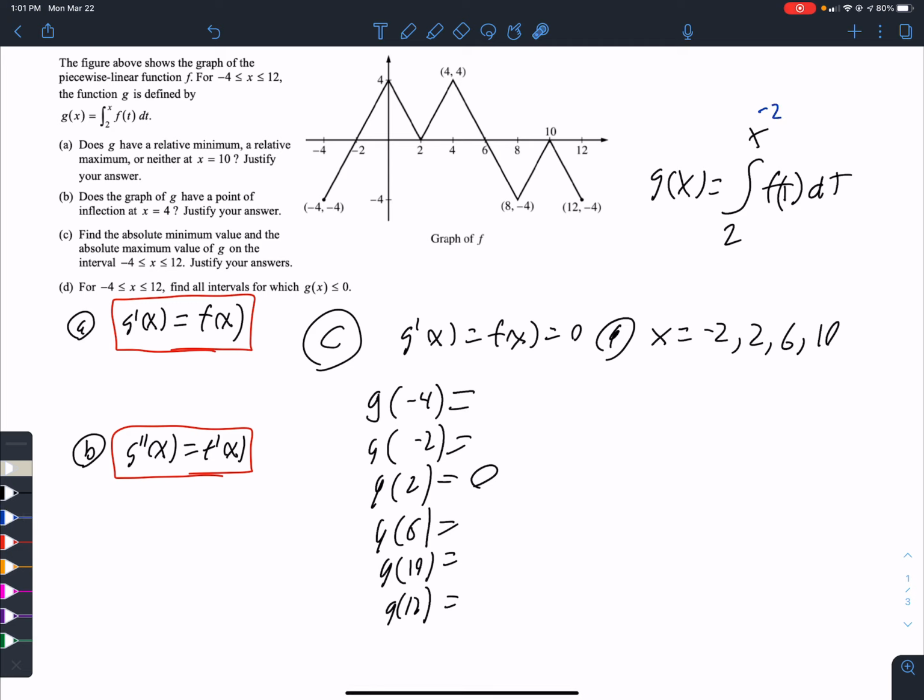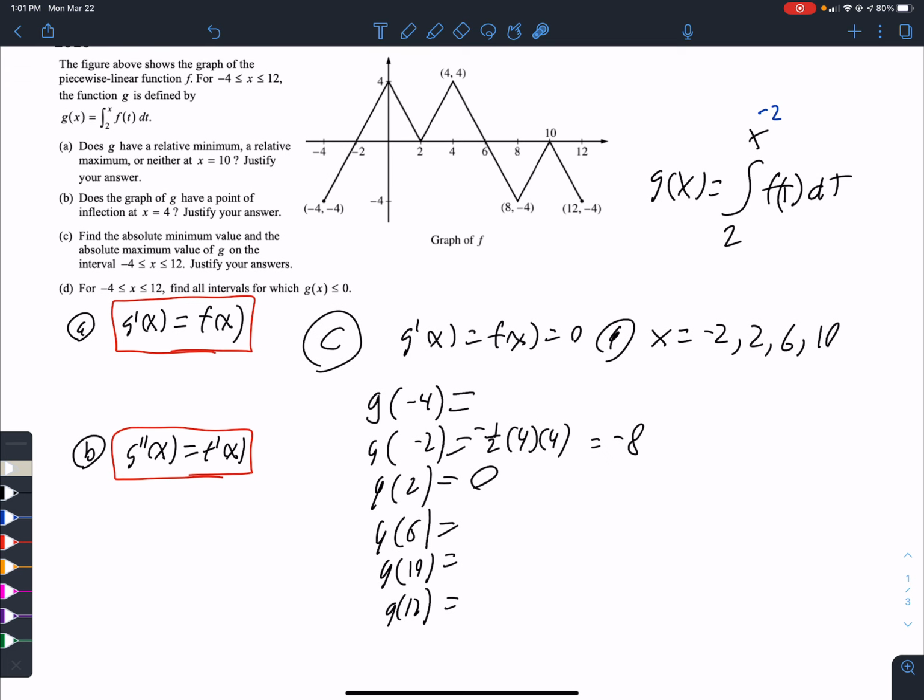So you're going from 2 to -2. The area, this is 4, and that's 4. The area of a triangle with a base of 4 and a height of 4 is going to be 1/2 times 4 times 4, 1/2 base times height. But you're going backwards, so it's going to be negative. So that's going to be -8.